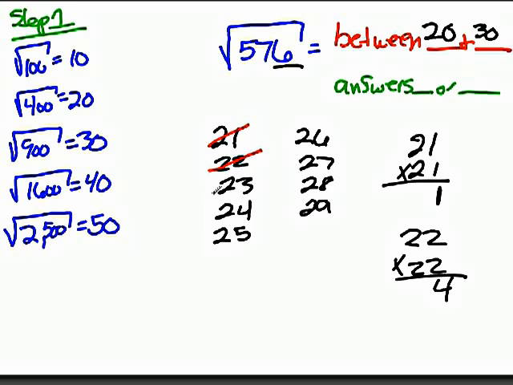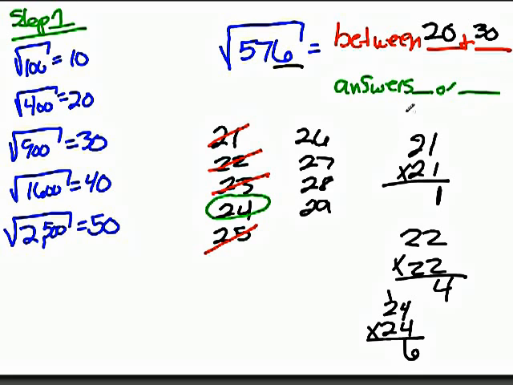23 times 23 is going to end in a 9, so that doesn't work. 24 times 24: you multiply the 4's first. 4 times 4 is 16, carry your 1, and look at that, it ends in a 6. So I know that 24 is a possibility. 25 ends in a 5, and when you multiply those together, it doesn't work. 26 times 26: 6 times 6 is 36.